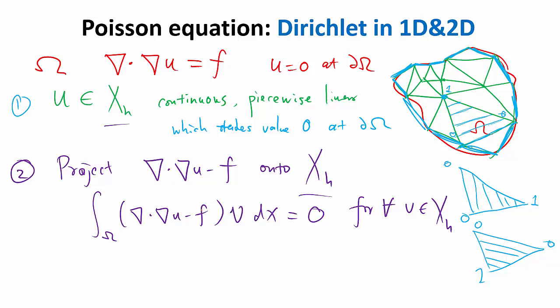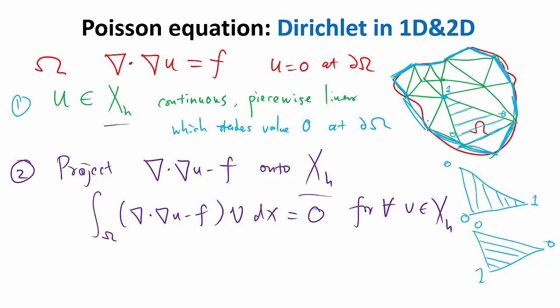And the result of that integration by parts puts less requirement on the solution U. So here, if you look at the differential form, U has to be twice differentiable. But if you can remove one derivative in U, you only require U to be once differentiable, which actually makes this piecewise linear space possible, right?